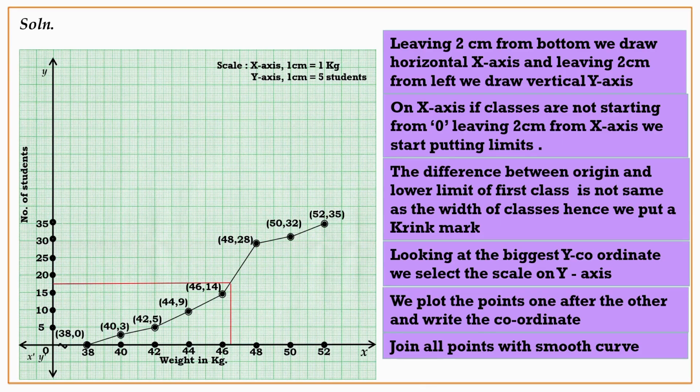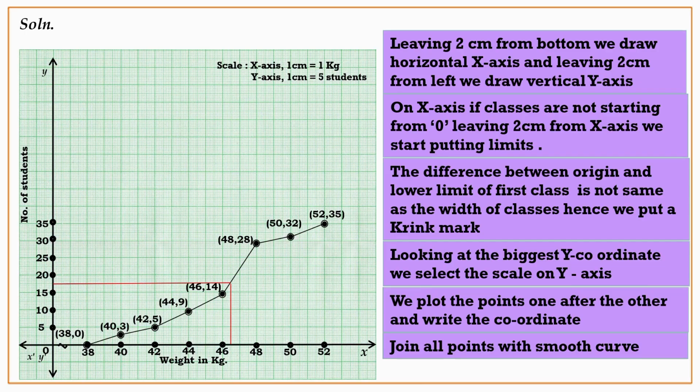Now, how to find the median value over here? So how are we going to find the median? Here, what is the highest point on the y-axis? That is 35. That is the n over here, the max, meaning the total frequency, right?